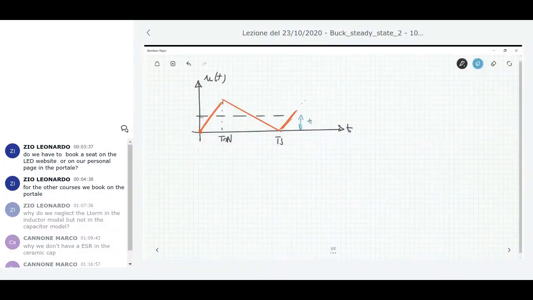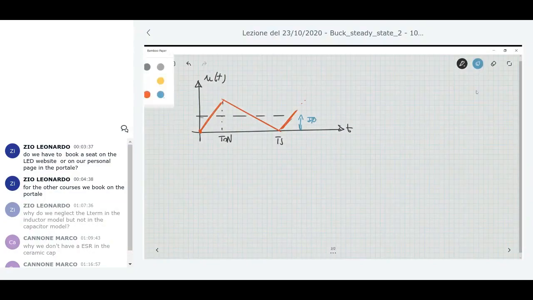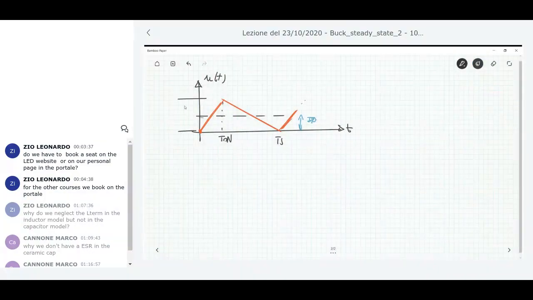This is the average value, which is I naught, and this is delta IL. What happens in this situation? This situation is the minimum possible output current that you can have in continuous induction mode. As you can see, the output current is exactly half the value of the ripple current.